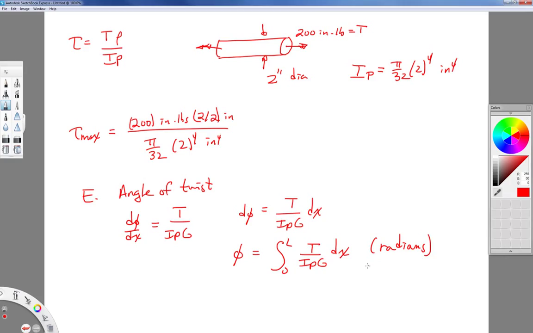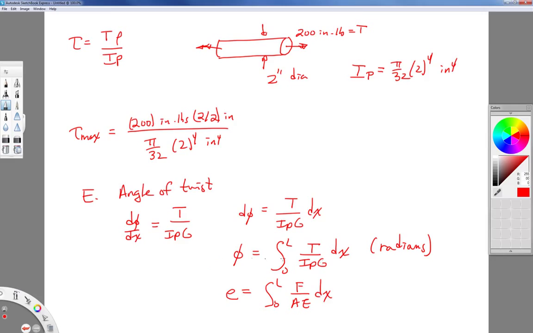Now, in the previous chapter, we also had some problems where we had an integral for the deformation of a bar. You remember that one? Integral along the length of the bar of F over AE dx.